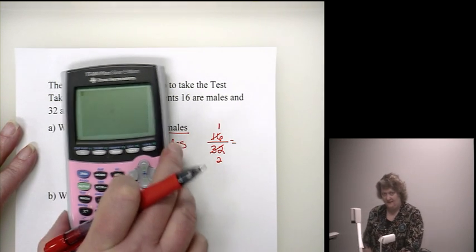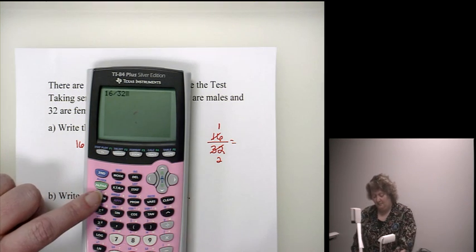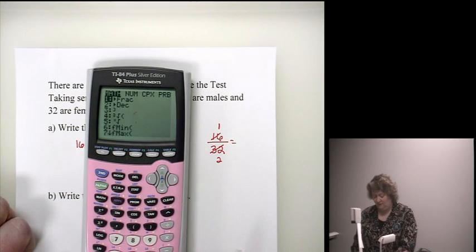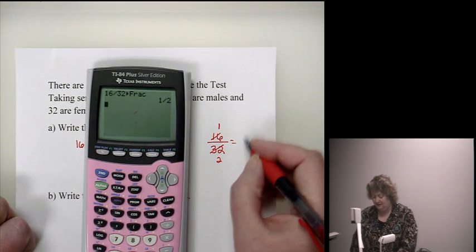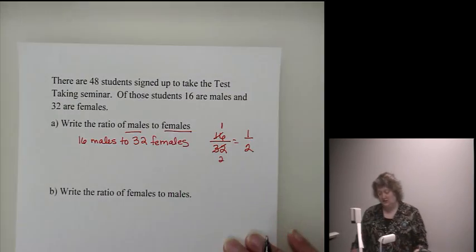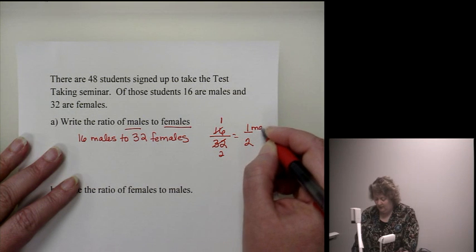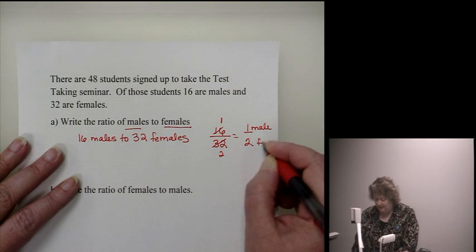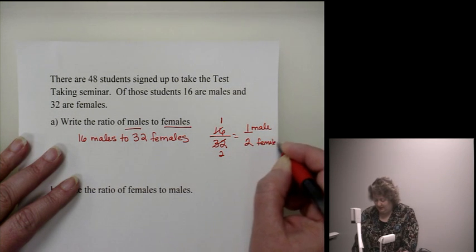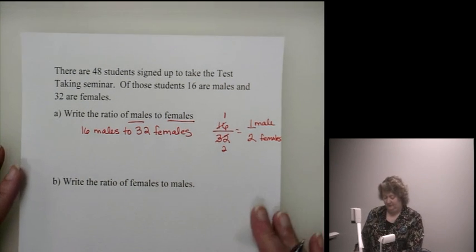Enter 16 divided by 32, and then hit math and choose your fraction, and it will reduce it for you. So we have a 1 to 2 relationship, 1 male to 2 females. And because we have different units here, I'll keep the units here.